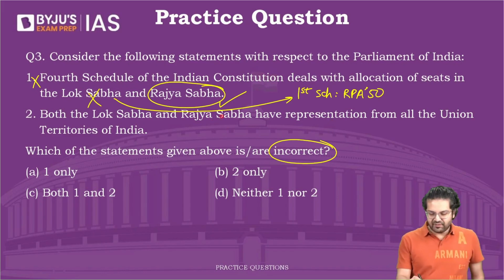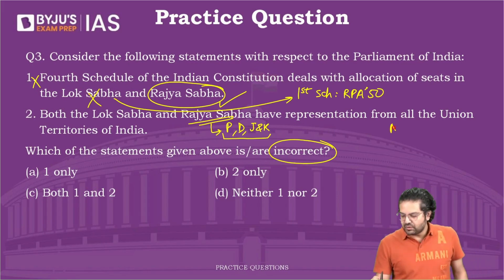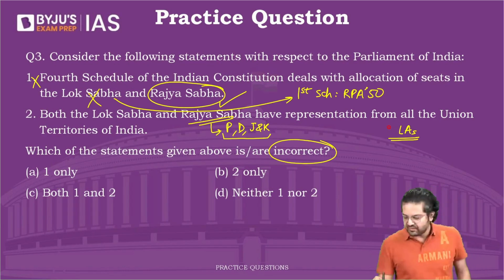See, in the case of Rajya Sabha, it has representation from only 3 UTs. That is Pondicherry, Delhi, and Jammu and Kashmir. And the logic being that since MLAs vote to choose the members of Rajya Sabha, hence it makes no sense to have representation from those UTs which don't have MLAs.